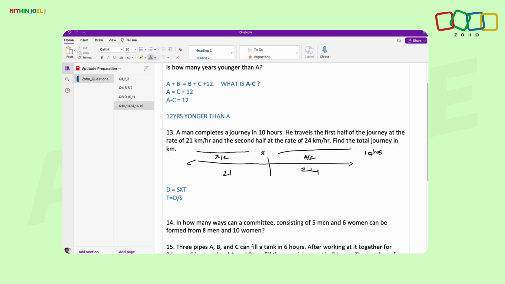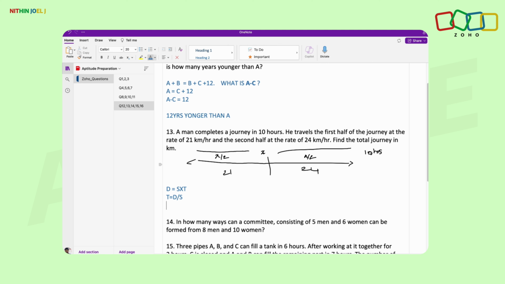Now the time we have is 10 hours, which is equal to distance by speed, but we have this 10 hours for both the journeys, right? For the first half and second half both combined, he's getting the time as 10 hours. So we have t1 plus t2.